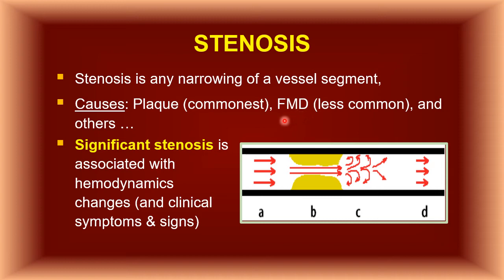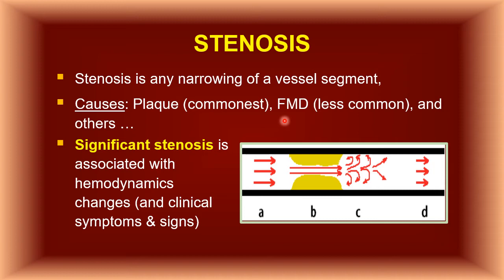But not any stenosis, we will call it significant. We have to have something called hemodynamically significant stenosis. What is this? It could be a 50% reduction in the diameter or 75% of the cross-sectional area of the vessel. This is what we call significant stenosis.